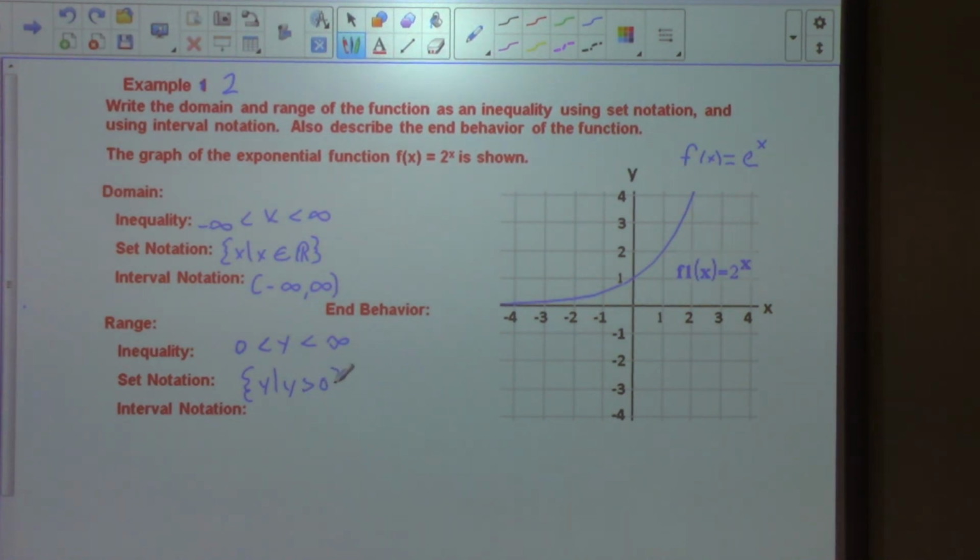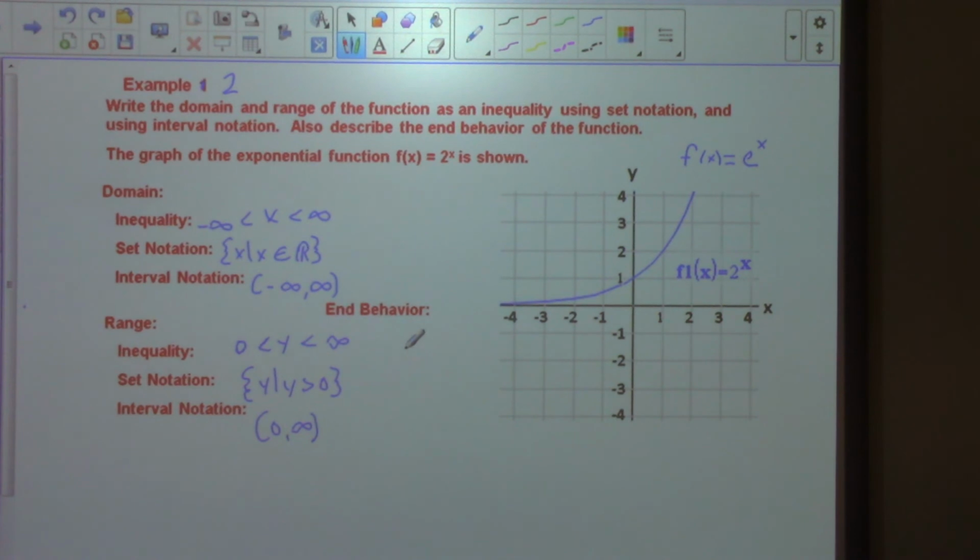Okay. Interval notation is going to be like this, right? Oops. What do we put here first? 0, right?